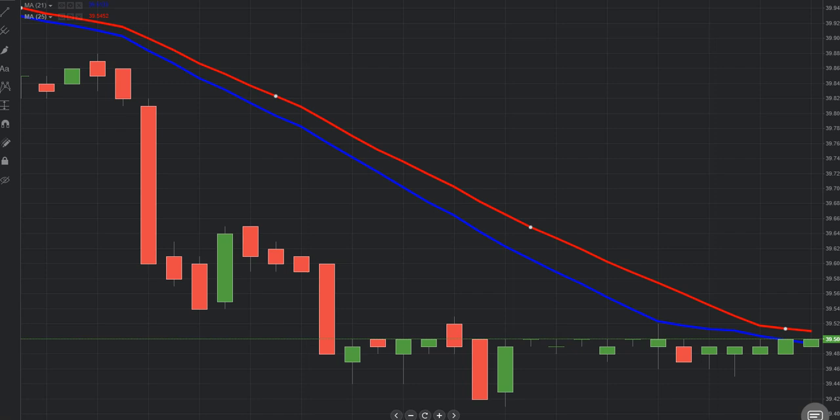This example illustrates how the two MAs behave when the market is trending. We have a dominant downtrend displaying frequent but short pullbacks.